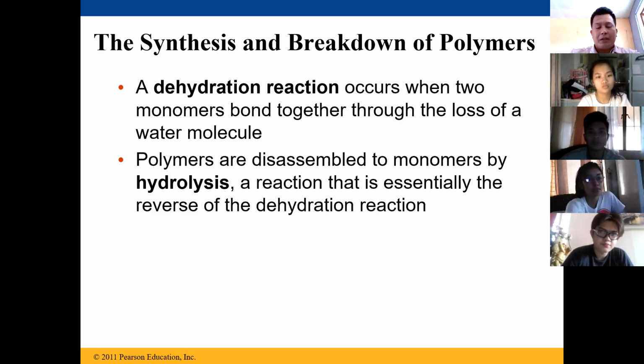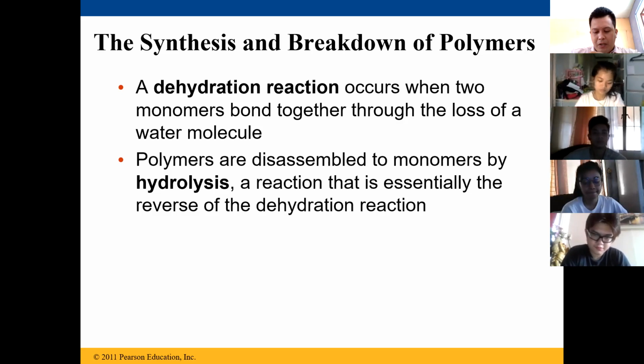Also, class, when you reverse the process, a polymer will be disassembled or broken down into monomers. If you wish to separate the two monomers from sucrose, which are fructose and glucose, you will undergo the so-called hydrolysis reaction.